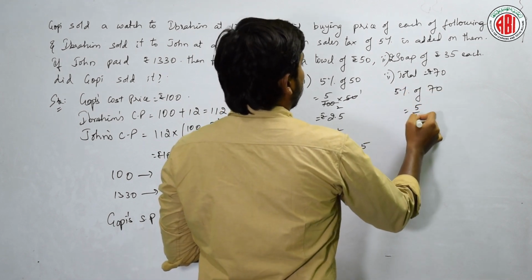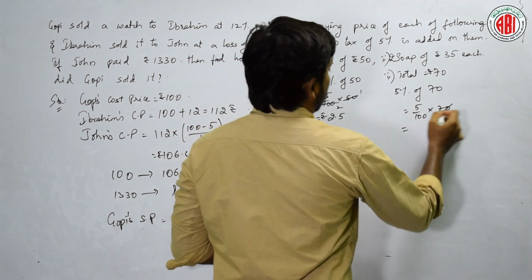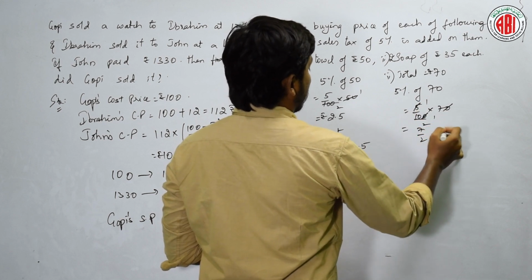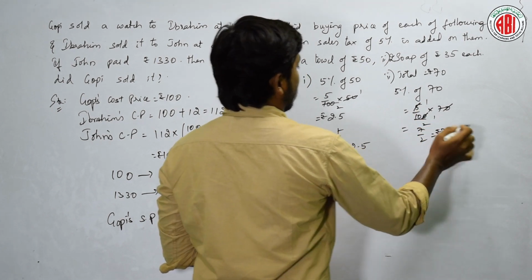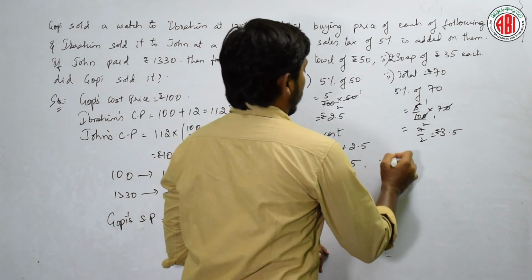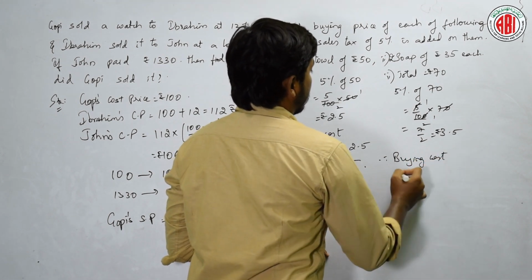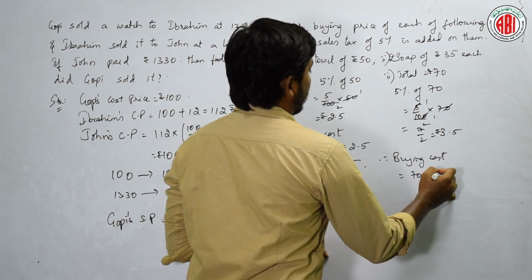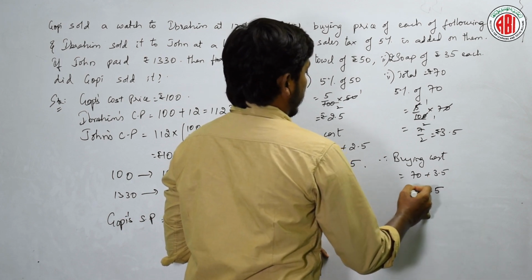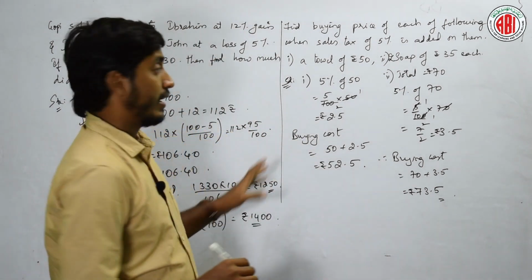How much is it? 5 by 100 into 70, that is nothing but the 0 will get cancelled. 5 ones are 5, 5 twos are 7 by 2, that is 3.5 rupees. Clear? Just add it to that. Therefore, buying cost is equal to 70 plus 3.5, that is 73.5 rupees. Is it right? Did you understand?